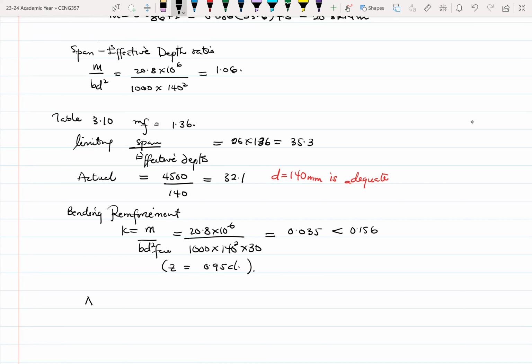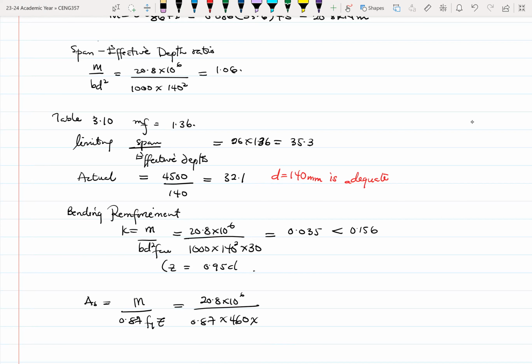So our As, which is M over 0.87 fy z, will be equal to 20.8 times 10 exponent 6 divided by 0.87 times 460 for the fy.